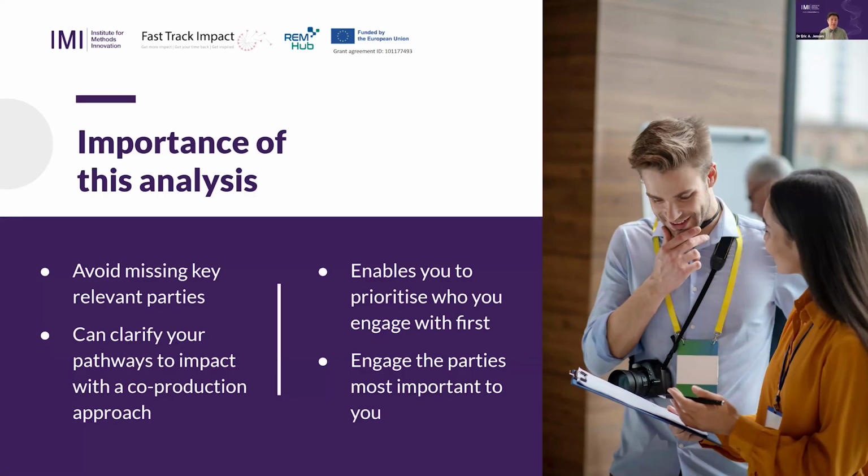Working together is a really important thing in general: we don't try to struggle and achieve societal impact alone, but we work together with partners, with allies, with communities to co-develop impact. This is a much more effective and realistic model of research impact than trying to go it alone. And a systematic analysis like this, identifying who is relevant, can be an excellent initial step to identify who you should be involving, engaging, and co-producing impact with.